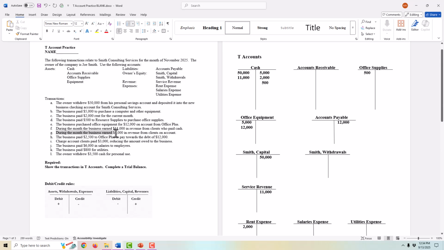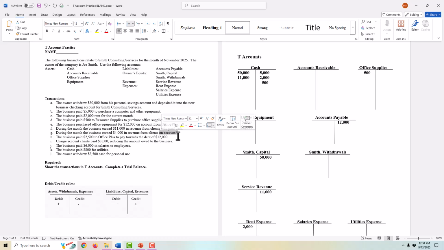Then in the next one, they earned $4,000 in revenue from clients on account. So again, you see the word on account. On account is either an accounts payable or an accounts receivable. In this case, it's an accounts receivable because they expect to receive the payment from the customers later on.